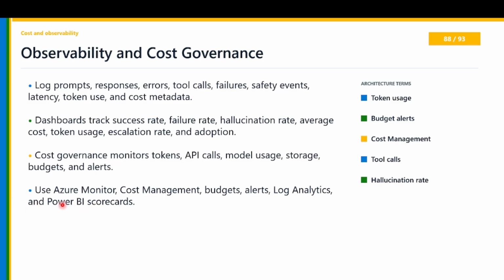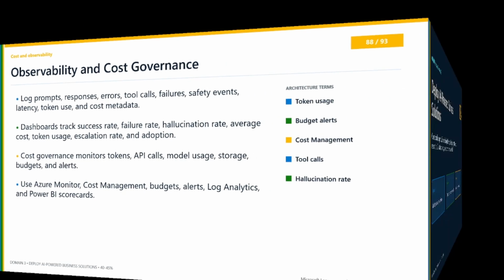The last point here says use Azure Monitor, Cost Management on Azure for budget and alerts, Log Analytics, and Power BI scorecards as your tools here. And when you're talking of Azure Monitor, Application Insights is also used for this agentic AI system monitoring and observability. Application Insights should be part of these tools that you can use.